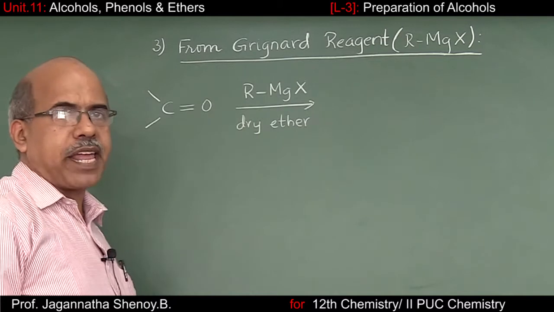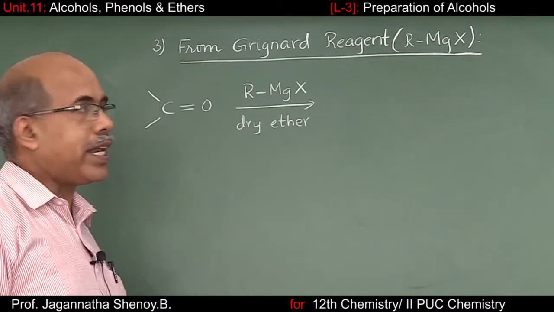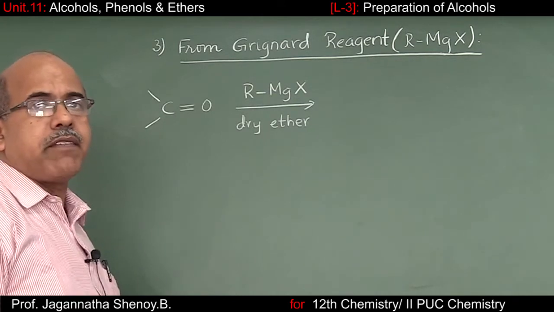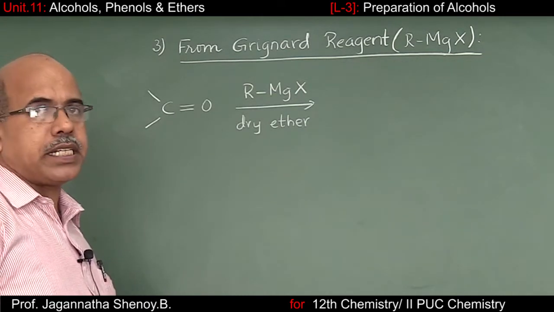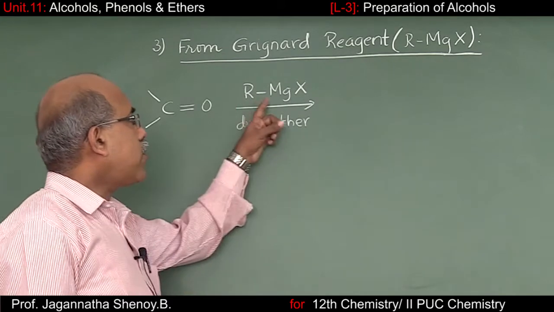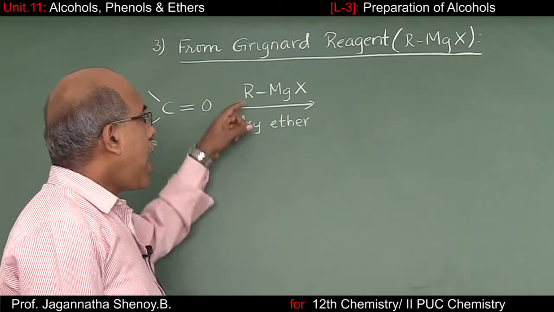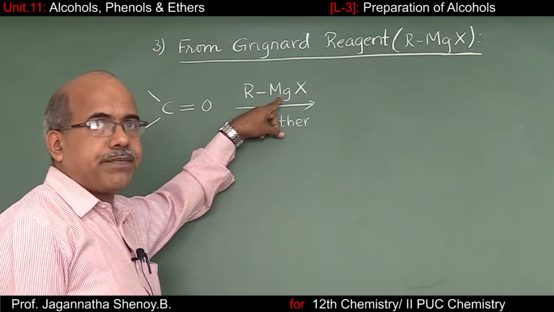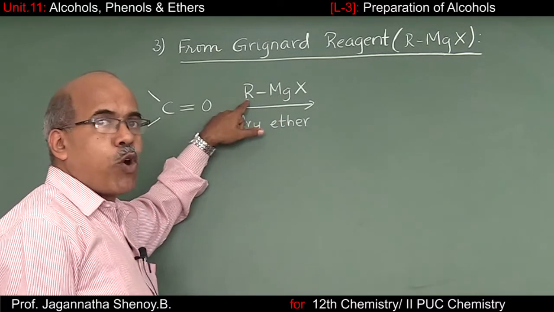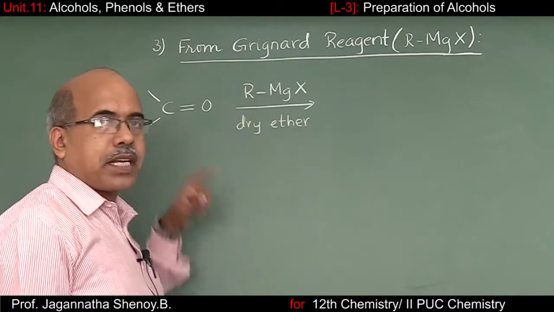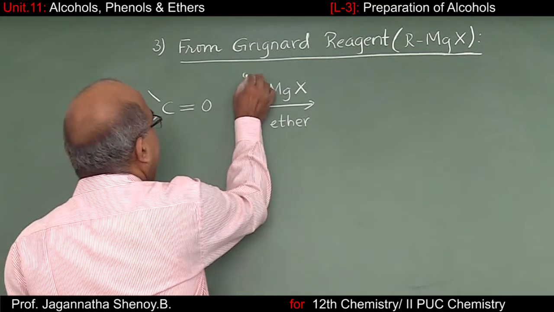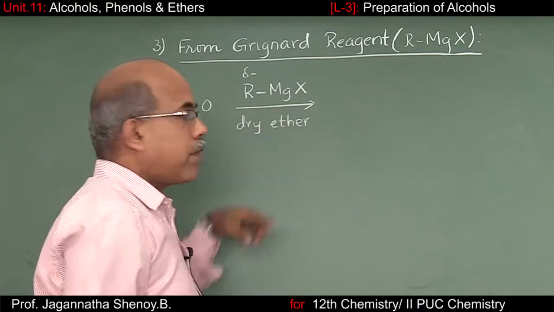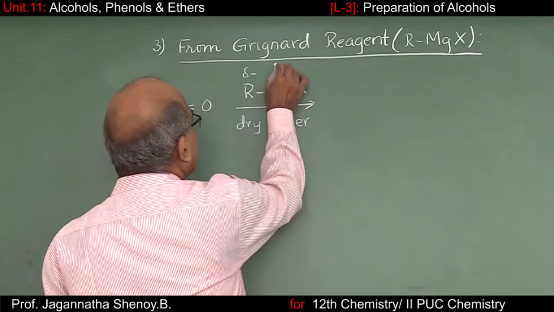Reason I have already explained under haloalkanes and haloarenes. In order to understand this reaction in a simple way, we will go with the polarities. In case of Grignard reagent, R is a carbon moiety, and here we have magnesium. And carbon being more electronegative than magnesium, this R will carry partial negative charge, and magnesium will carry partial positive charge.